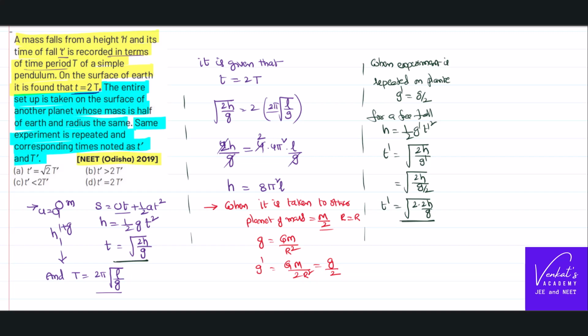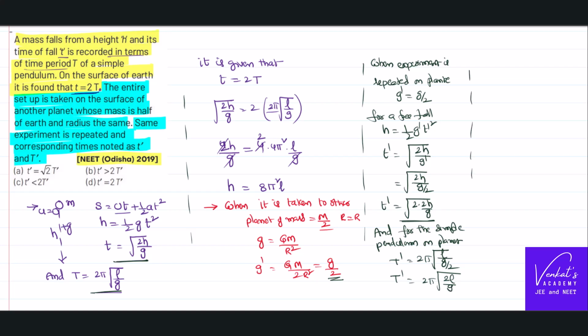And there is another part of the problem. For the simple pendulum on the planet, the time period dash can be written like this on the new planet: 2 pi into length of the pendulum, which is the same, but g is different, that is g by 2, as we have proved. So T dash equals 2 pi into root of 2L by g.